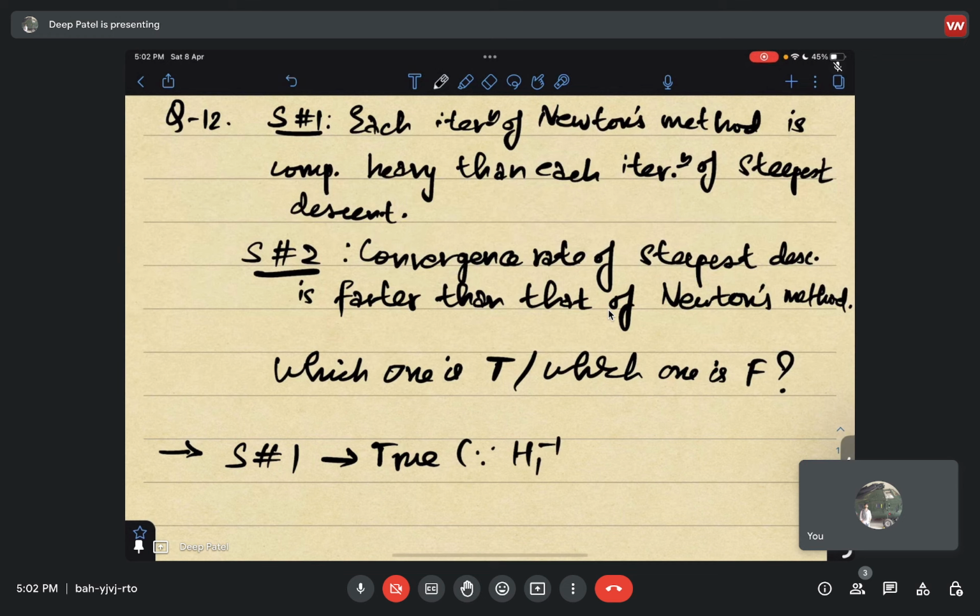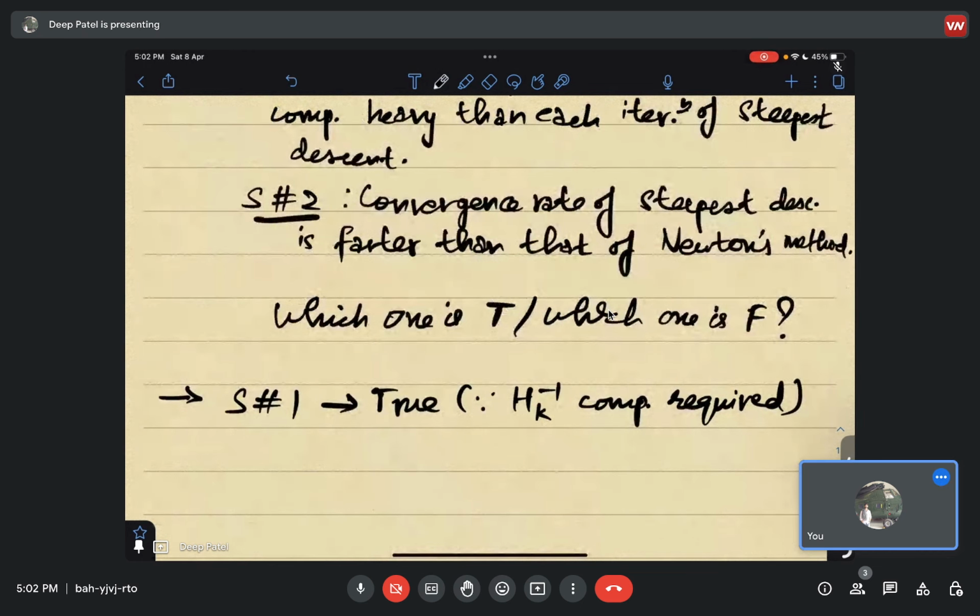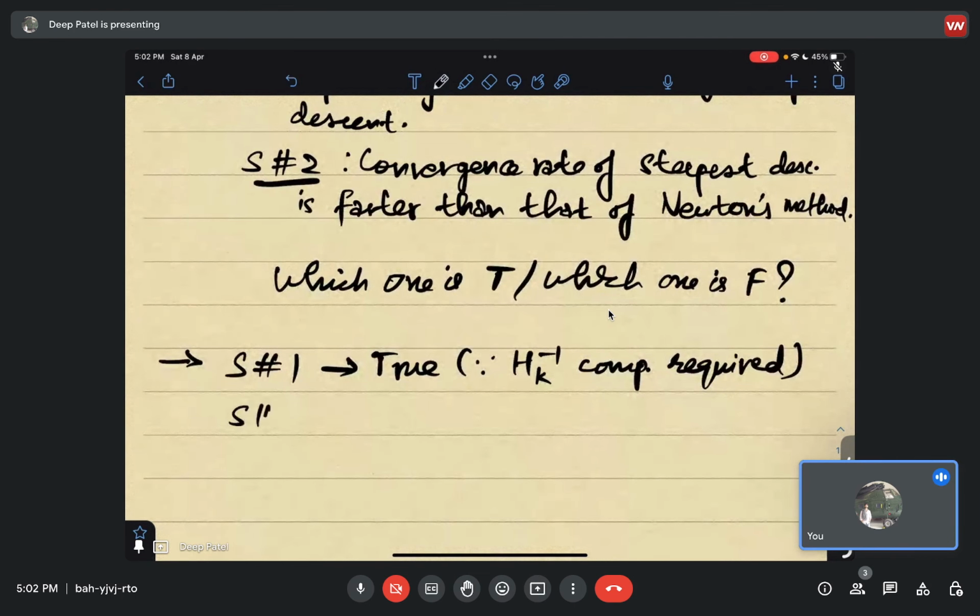Steepest, because you just need to calculate the gradient for the latter case, and here you need to calculate the Hessian also. So this is something we did not prove. I don't think we can do it now since you're almost out of time. Statement 1 is true.